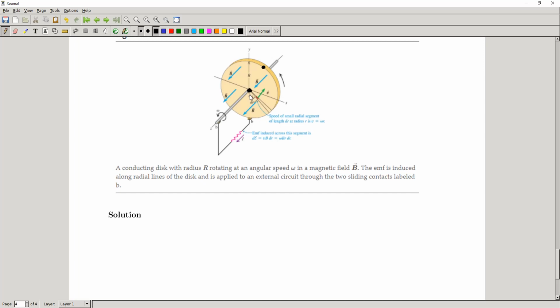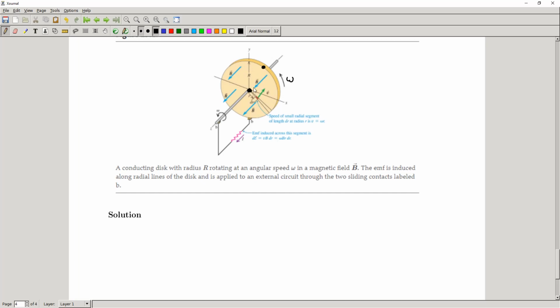Okay, each of these different parts of the disk are moving with a different velocity, right? So let's be careful here. I guess this would be our omega. Well, they have it labeled here, but this is our omega also. Okay, so you can imagine this disk is spinning around like this.